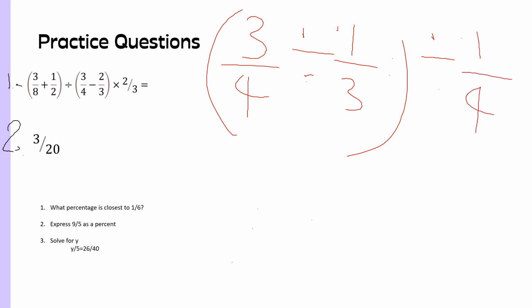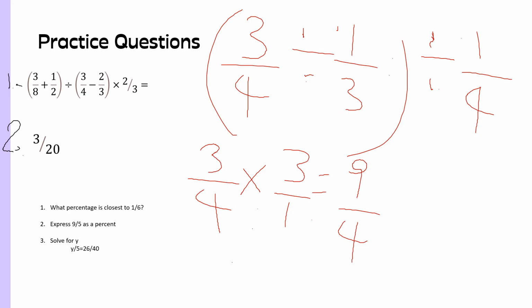So 3 over 4, can we change the division to multiplication, then flip, right? 3 times 3 equals 9 over 4. But now this problem, this is divided by 1 over 4. So we're going to keep the 9 over 4, change, and then flip again. So this equals 36 over 4, which equals 9. That's the answer for that.